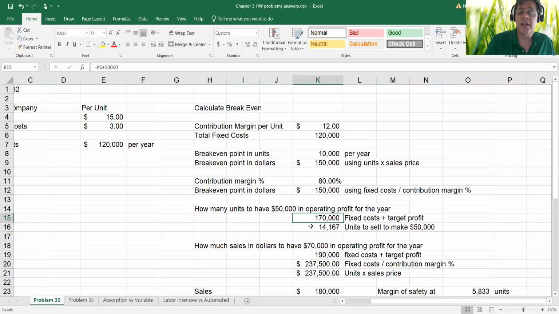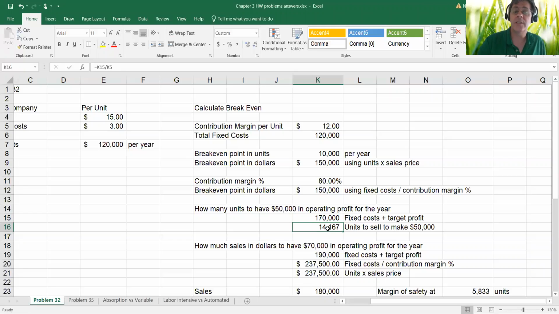And we take that and divide it by the 12, the same contribution margin per unit as we used before, to get 14,167 units to sell to make $50,000.